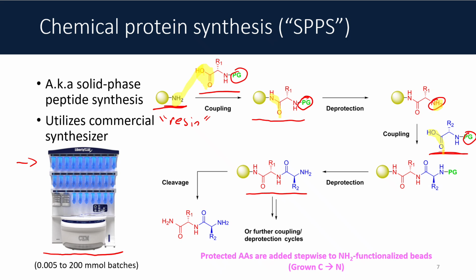And once we are happy and we have made the desired primary sequence, it's time to get the product off of that bead. We are going to do a cleavage reaction, it's called, which is going to slice this bond, make that clearer, and it's going to release the product, and we can easily separate it from the resin and then do additional purifications and whatnot on the good stuff.